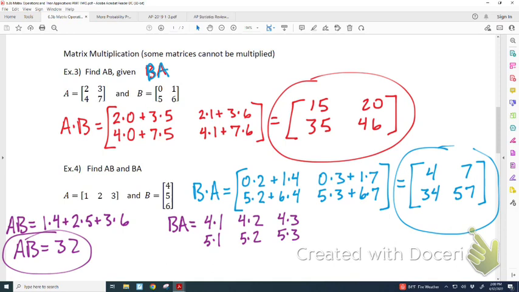This one's a nice pattern to get the hang of because you have 1, 2, 3, 4, 5, 6. 6 times 1, 6 times 2, 6 times 3, and simplify. So our answer is 4, 8, 12, 5, 10, 15, and 6, 12, 18.